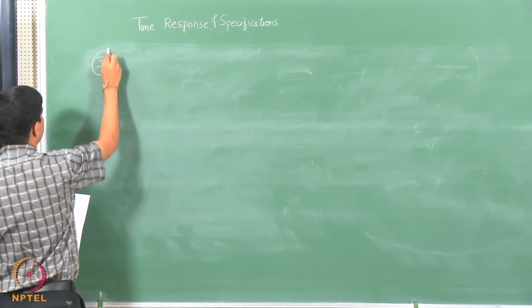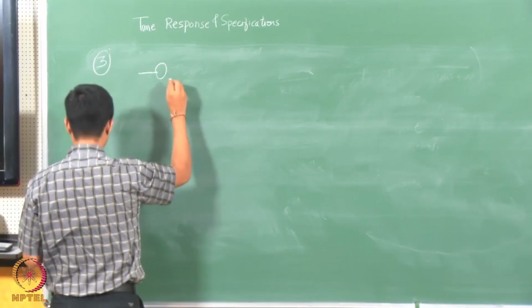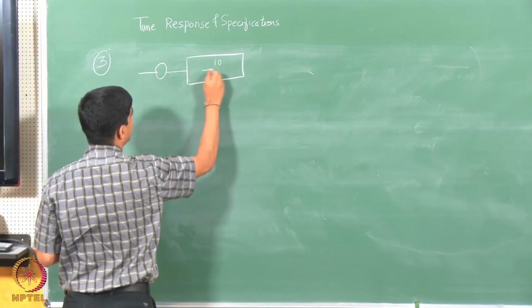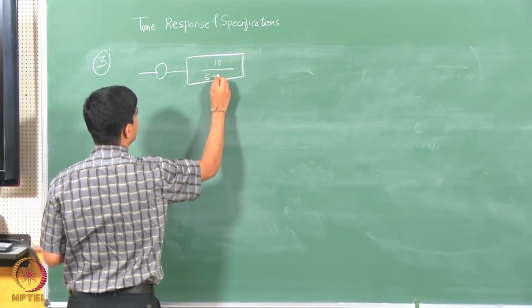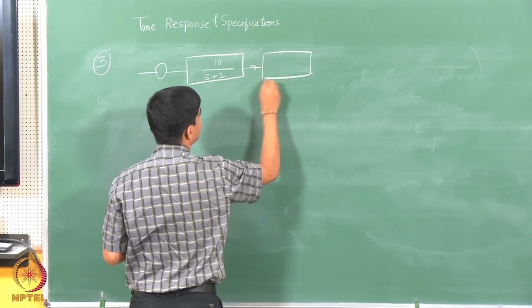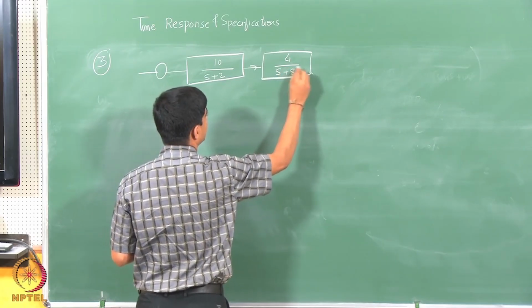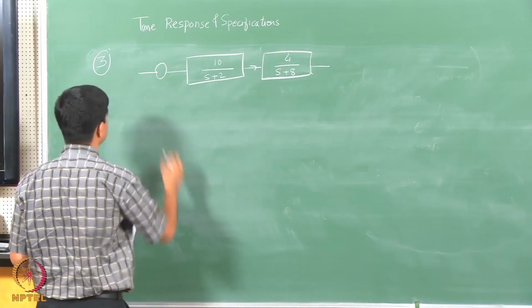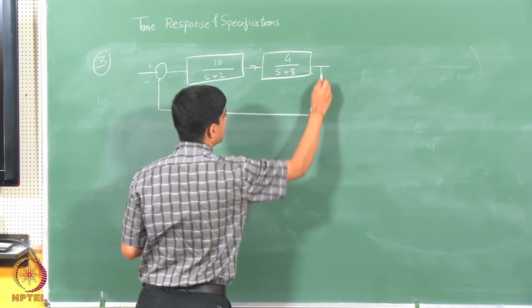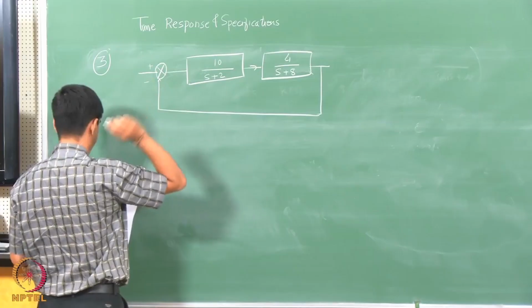Okay, the third problem is, well, I'm given a system like this: 10 over s plus 2, and 4 over s plus 8, with a negative feedback of this.